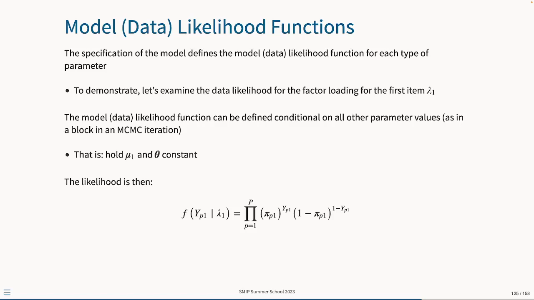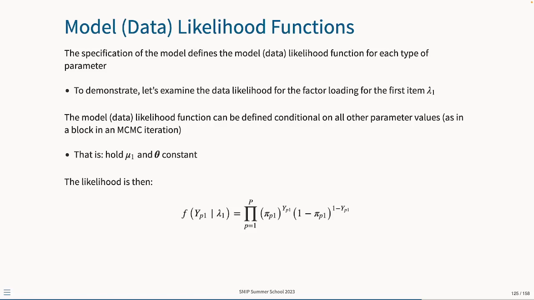You can think of this, remember I talked about the Markov chain, every parameter has to have a chance to move, to change its value at every iteration. This could be like saying we're sampling each parameter separately, and now it's the turn for lambda 1 to be sampled. The component of the likelihood function is built by taking our Bernoulli distribution, where pi p1 is that person's probability of answering item 1 correctly.